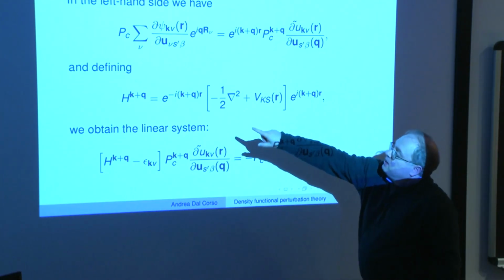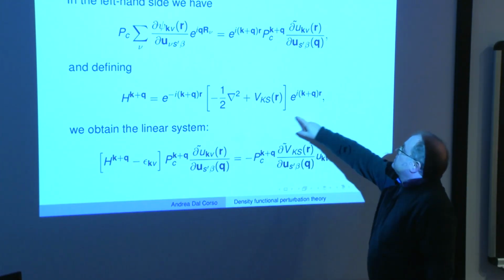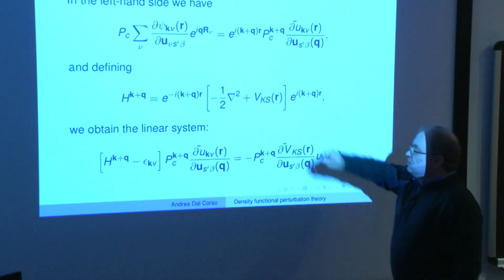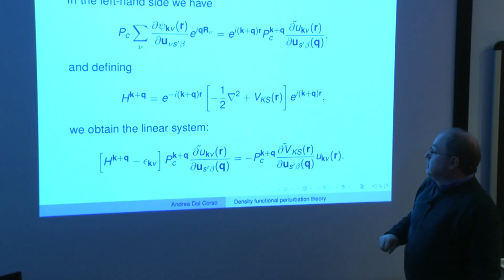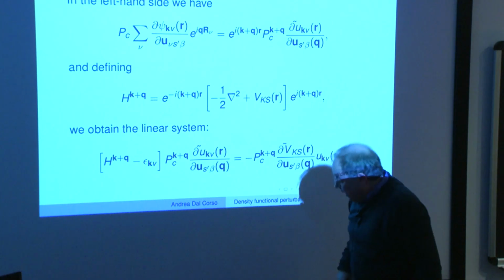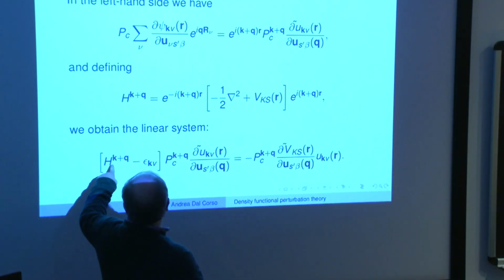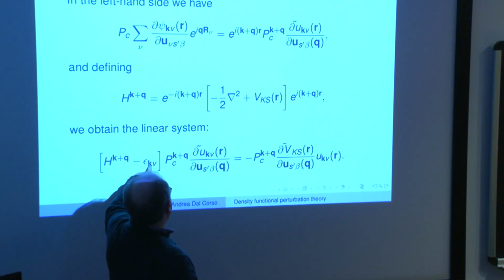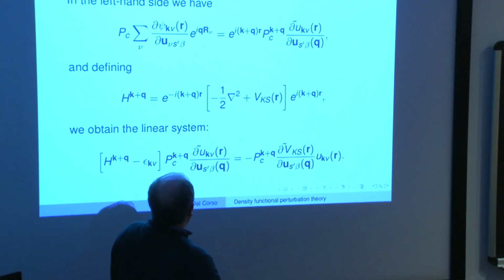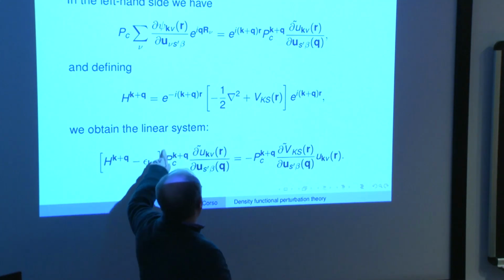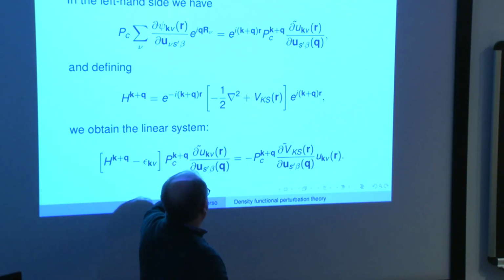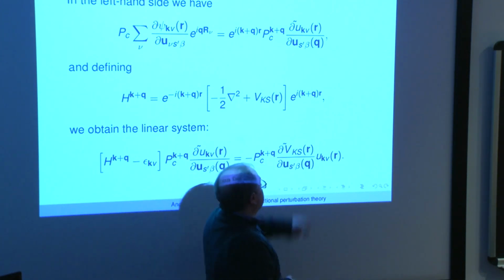And we define the Hamiltonian at K plus Q as this object here with the two phases. And so this is the real linear system that we solve, H K plus Q minus epsilon K V. The solution of the linear system enters in the expression of the charge density, the periodic part of this change of the wave function, and this is the right-hand side.